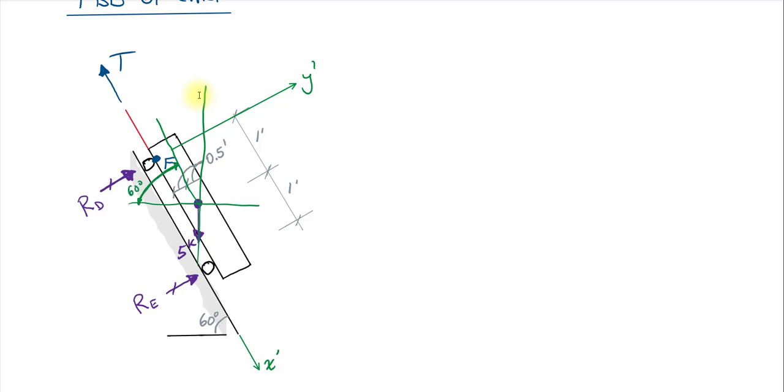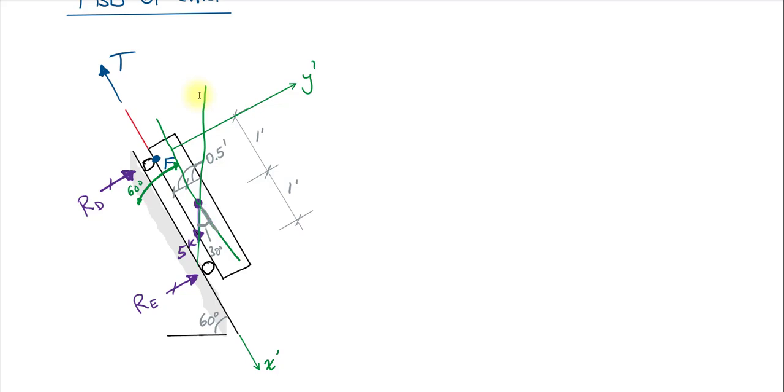If we were to look at the opposite angle over here, that makes this one 60 degrees, which makes this one right here 30 degrees. I think that gives us what we need, because then we can say that the y prime component of the 5 kip load is going to be 5 kips times the sine of 30 degrees, and the x prime component is going to be times the cosine of 30 degrees.